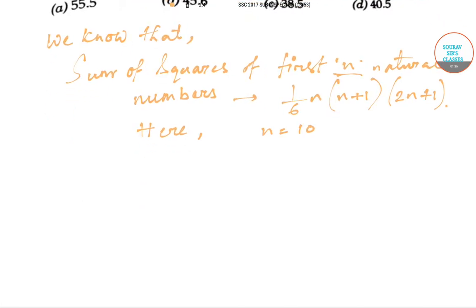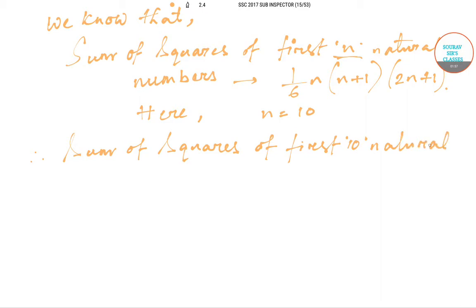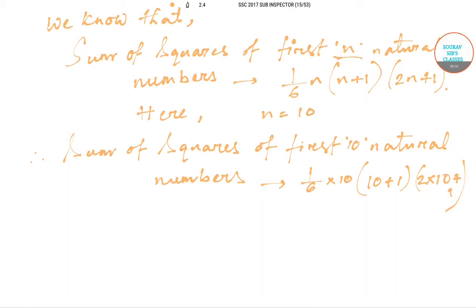So now the sum of squares of first 10 natural numbers is 1 by 6 into 10 into 10 plus 1 into 2 into 10 plus 1, because we are simply putting the value of n, that is 10.